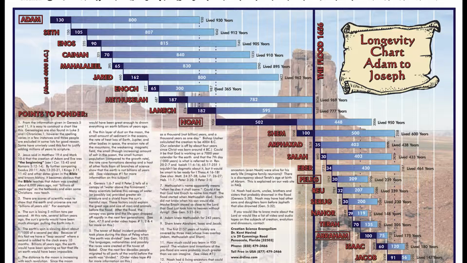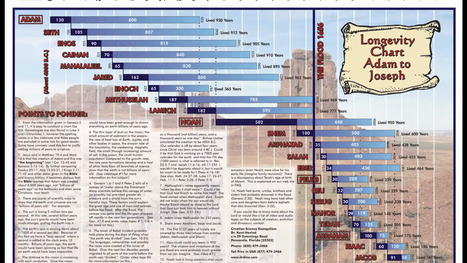So for 930 of those years between the year 4000 and 1600, that's about 2,400 years, Adam lived more than half that time. So the people in those days would have known Adam and Eve or their children.